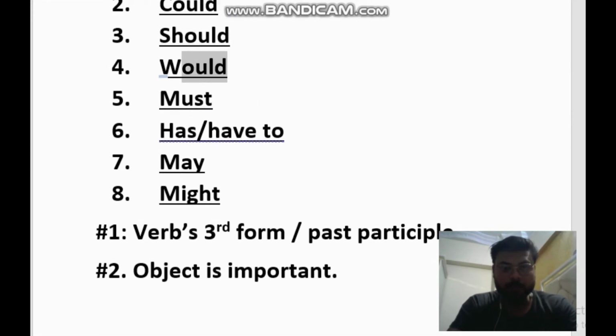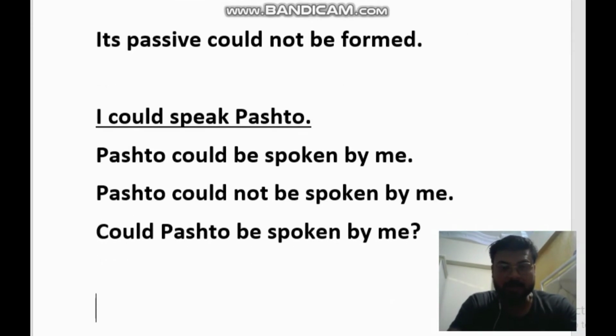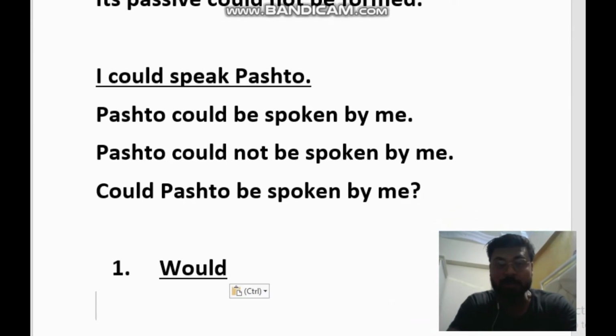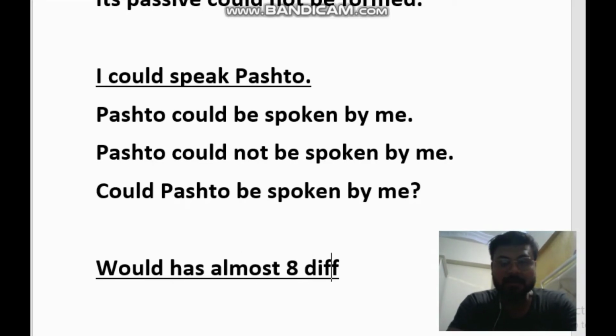Let's move to would. I don't know if you know it or not, but would has multiple uses. Would has almost 8 different uses, so I might not be able to cover all of them.